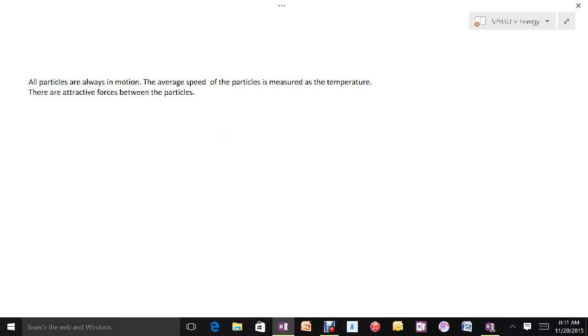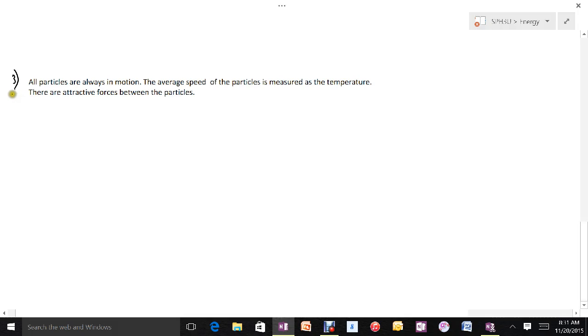This gives us our second two postulates of kinetic molecular theory. The particles that we can't see that make up material are always in motion, and they started to understand that the temperature of those particles is related to the speed they're traveling at, the average speed really.